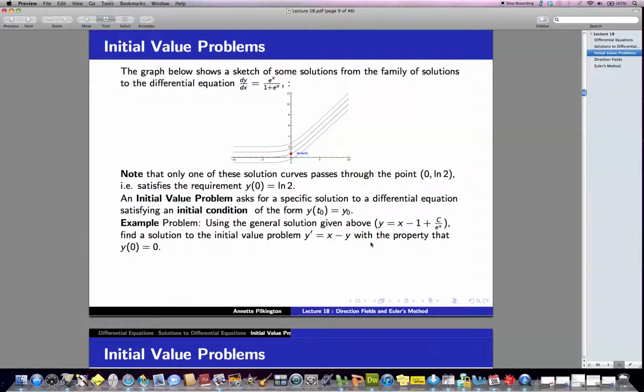An initial value problem would say, find the particular solution to the differential equation y prime equals x minus y with the property that y of 0 equals 0. There's a unique solution in this family which satisfies that. You set x equal to 0, and you have y of 0 equals 0, so all of this should be 0, and then you can solve for c to figure out what's going on there.